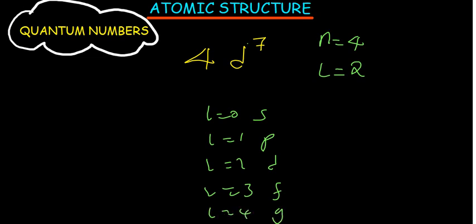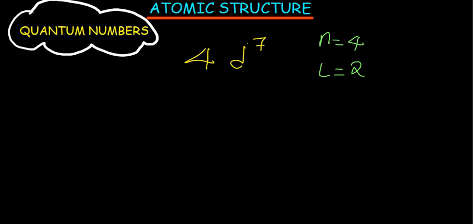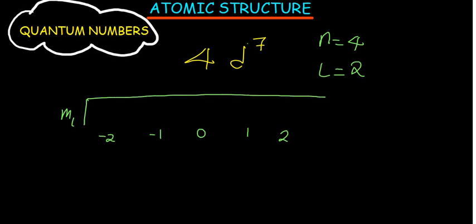Since we have a d, L is equal to 2. Now we can determine the magnetic quantum number. Since L is equal to 2, ML goes from negative 2 to positive 2: negative 2, negative 1, 0, positive 1, and positive 2. Now we can put in the orbitals.